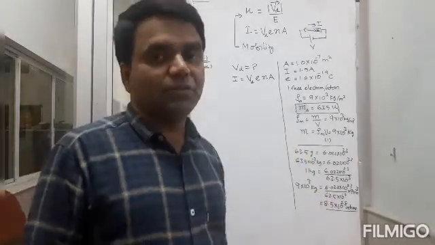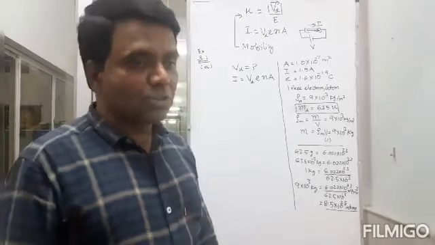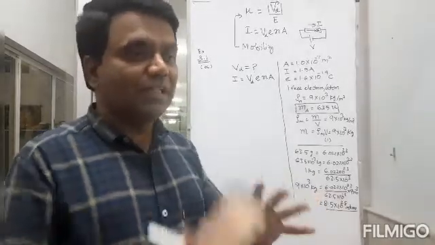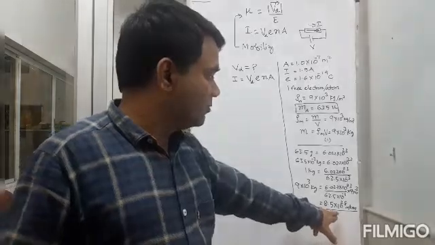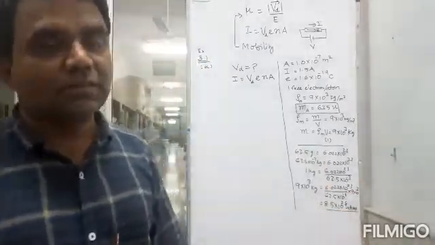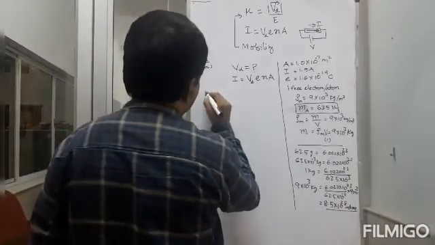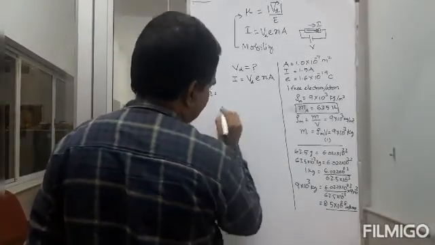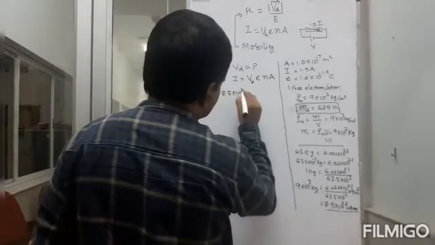And each copper atom will contribute 1 free electron. So the number of free electrons in 1 meter cube of copper is going to be 8.5 into 10 power 28. This n value, the number of electrons per unit volume, n is equal to 8.5 into 10 power 28.